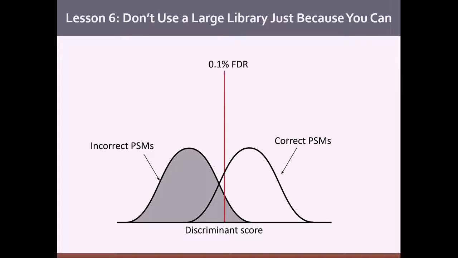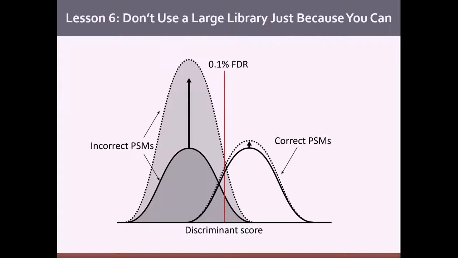If you set a given 0.1% FDR threshold, and let's say you took a much, much bigger library of which only a small portion were actually going to be in your data set, you're going to be increasing the incorrect distribution to a much greater degree than the correct one. So then you have to shift your threshold further over to the right. This then makes it less likely to be able to detect any one of the peptides that you could have detected with a smaller assay library.